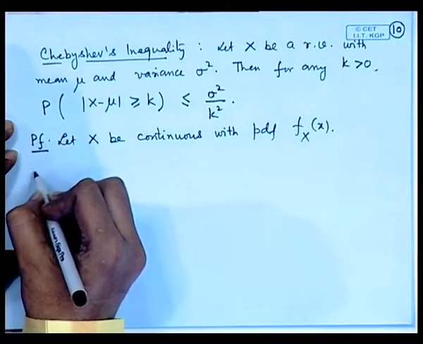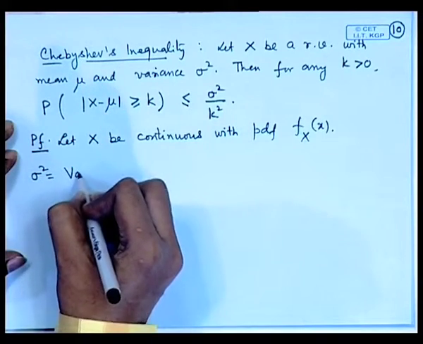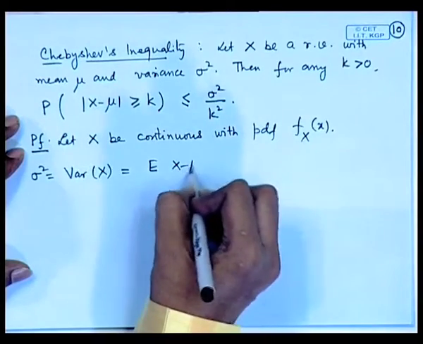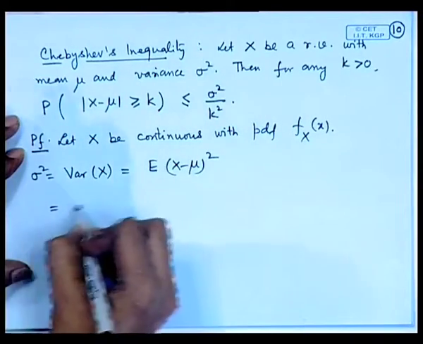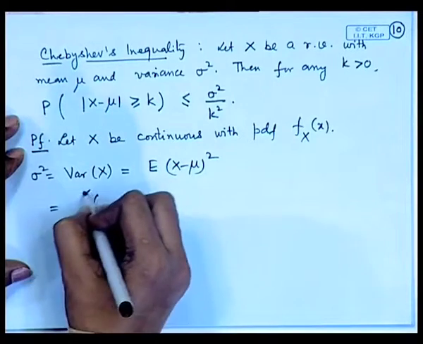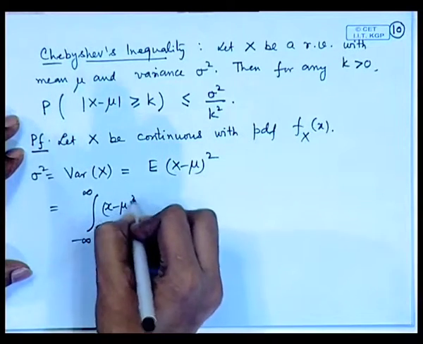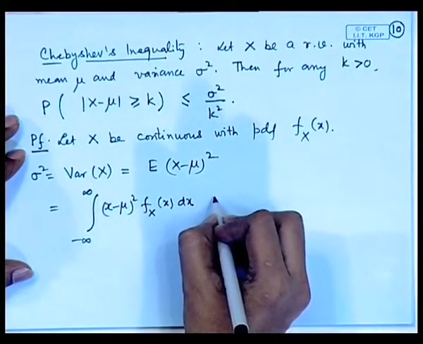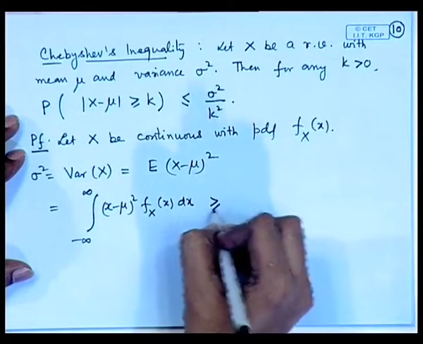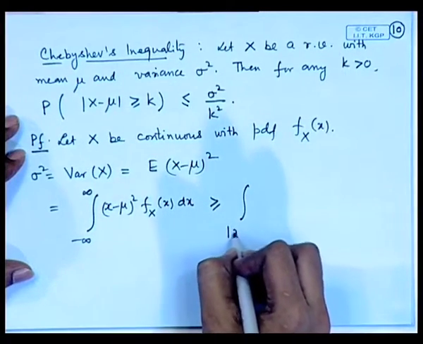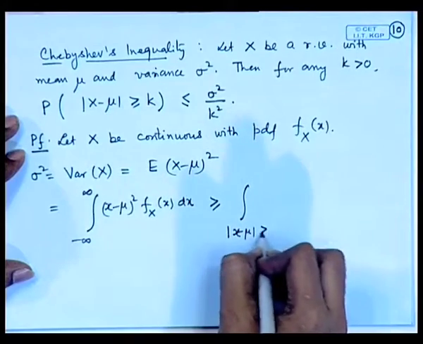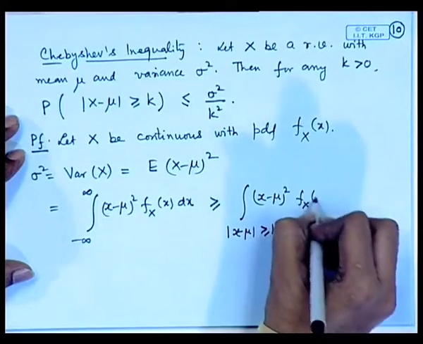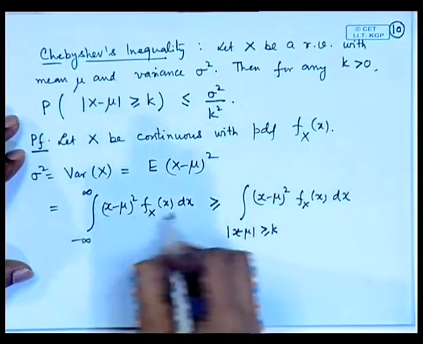So, let us consider the expression for variance. This is equal to expectation of x minus mu square, which is equal to integral x minus mu square f x dx. Now, this particular integral is greater than or equal to the integral over modulus x minus mu greater than or equal to k. This is because the integrand is non-negative.